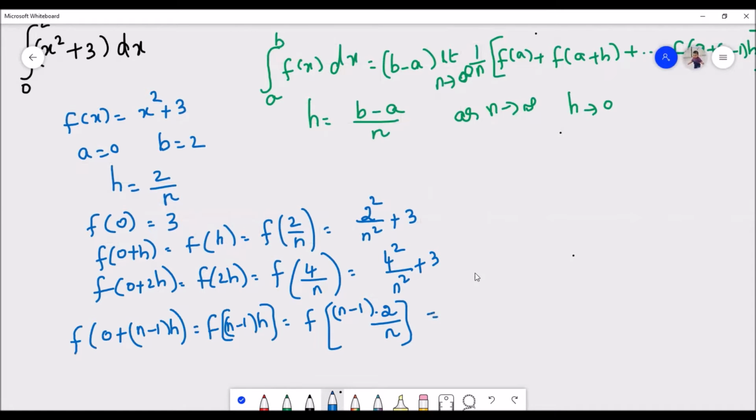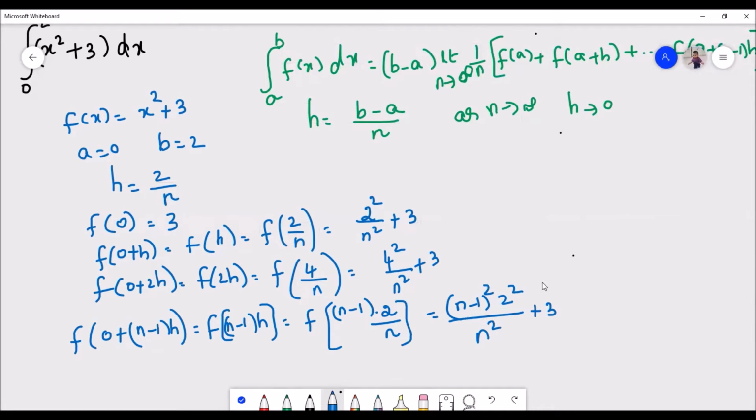And f of x is x square plus 3, so in the place of x I have to substitute this. We can write this as n minus 1 whole square into 2 square divided by n square plus 3. So we got all these values.